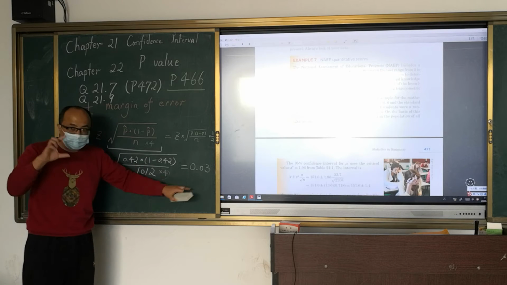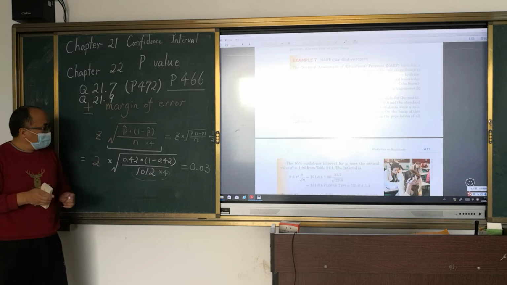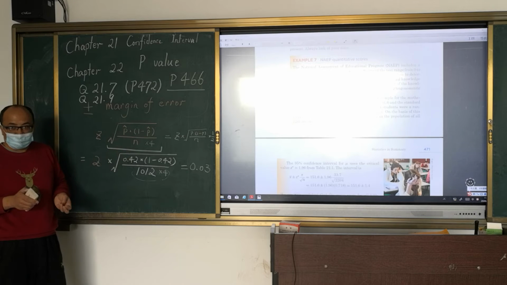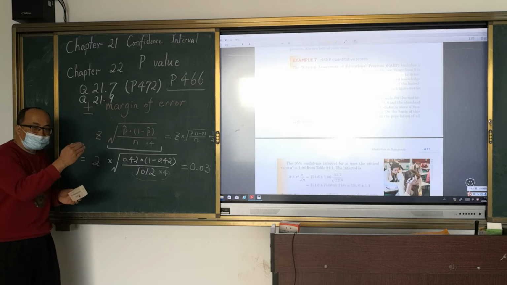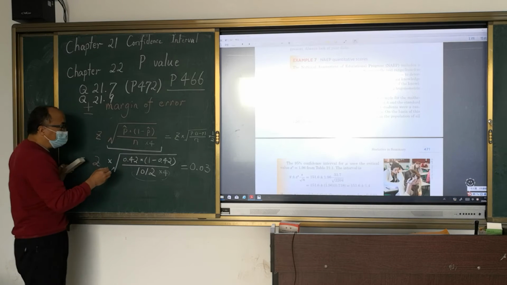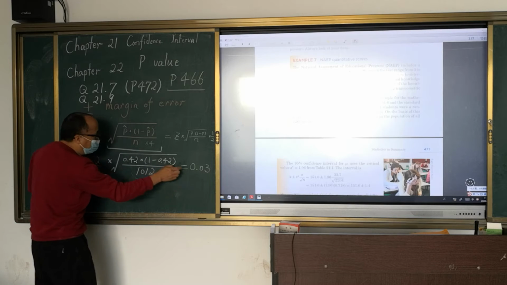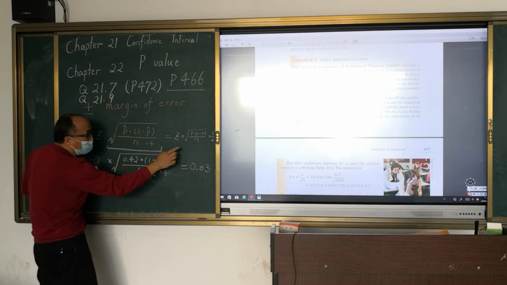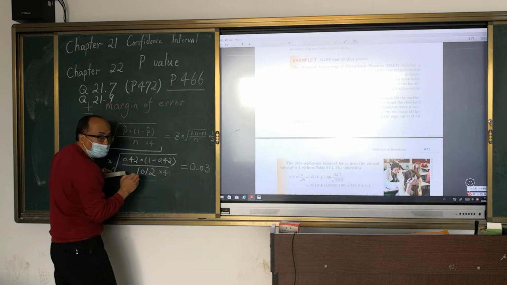If I want this to be smaller, what's the sample size? Many students do a lot of calculation. Actually, to make this half, it means n needs times 4, because 1 divided by the square root is 1/2.